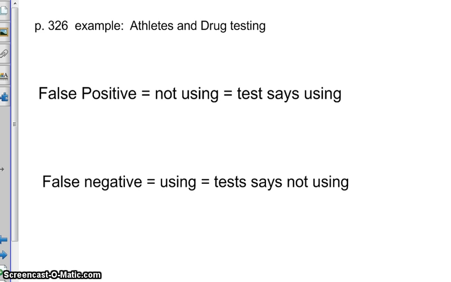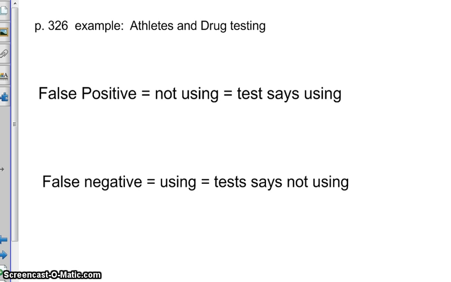All right, then just one last little thing that comes up is what we talked about is false positive or false negative. False positive means you get a positive result even though you shouldn't. So for instance, a lot of times they use it with athletes and drug testing, and things like the Olympics.